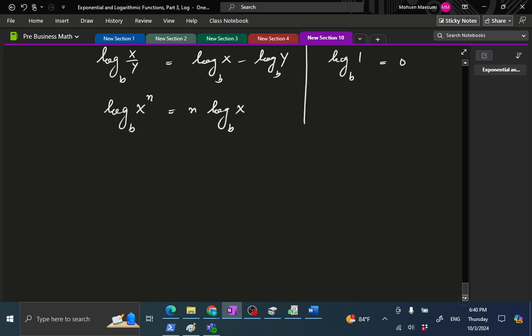Let me write two of these rules at the same time. Logarithm of b to the power of x in base b is equal to x, and b raised to logarithm of x in base b is x.